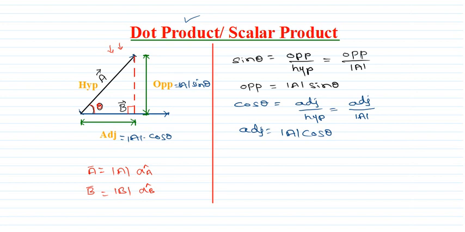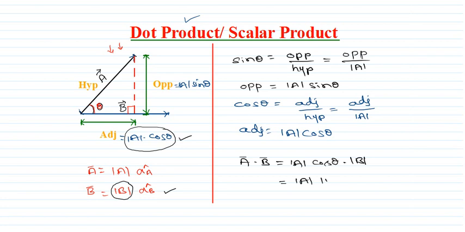So the dot product of two vectors, vector A dot vector B, is equal to magnitude of A into cos theta into magnitude of B. That can be rewritten as magnitude A magnitude B into cos theta.